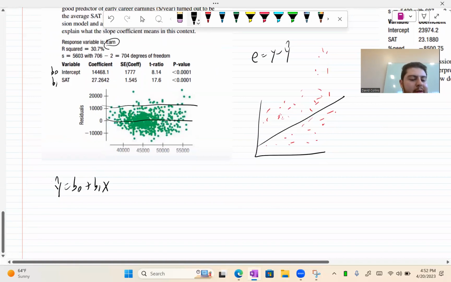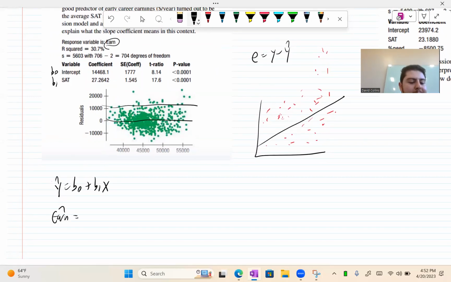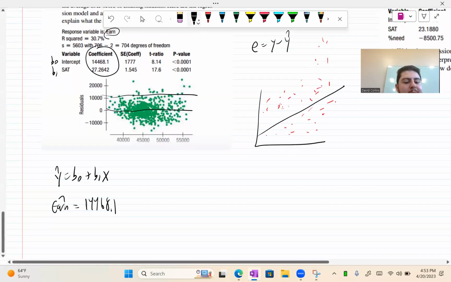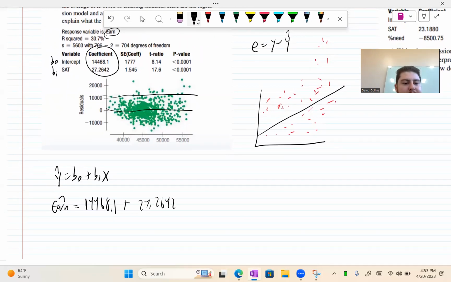So our response is earn. So earn hat is, what's our intercept, sorry? What's the number for the intercept? It's the 14,000. We're looking at this column now, coefficient. Plus, what's our slope? SAT. That's the equation of our line. Anyone have questions on how we got that? Okay. That's our line.